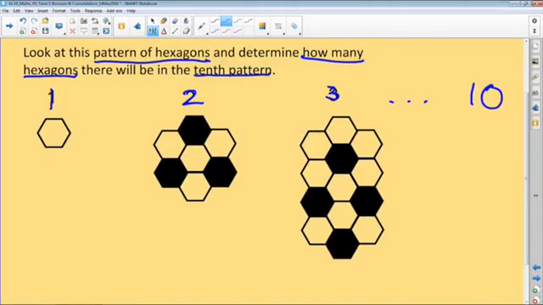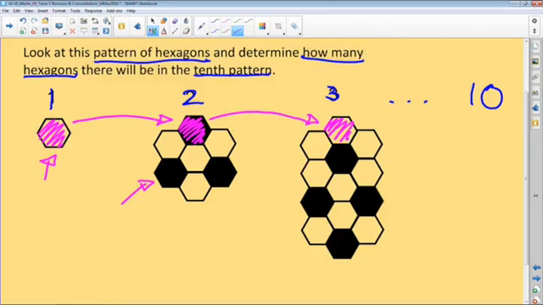Now when I first saw this, the black hexagons confused me a little, because in my mind this number 1 should be this hexagon over there. But suddenly it changed color. And then over here it changed color again. I couldn't cope with that. So in my mind I colored them in. Let's use pink for those.